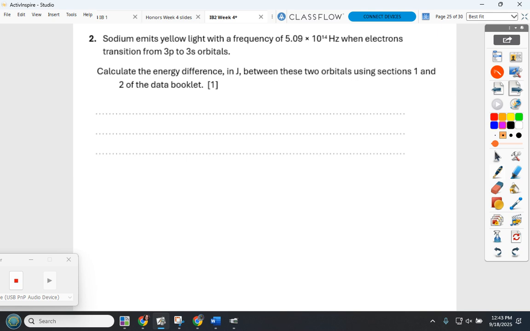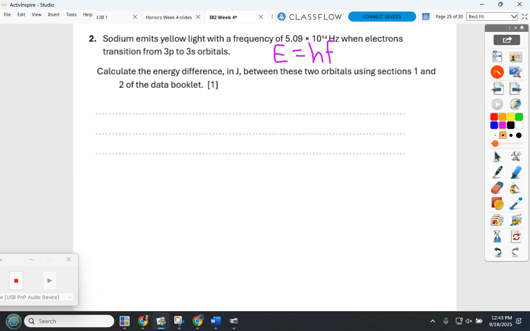You've got frequency, and so you can use your E equals hf because you're being given that frequency, right?